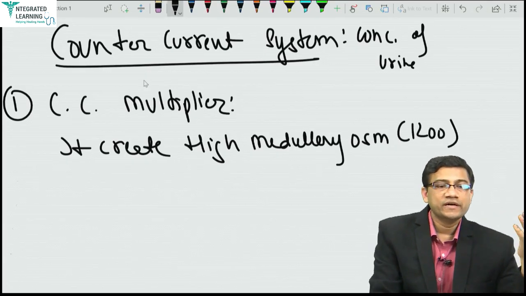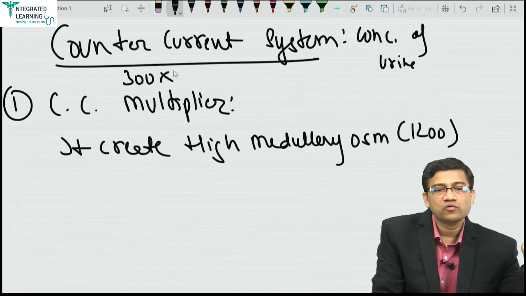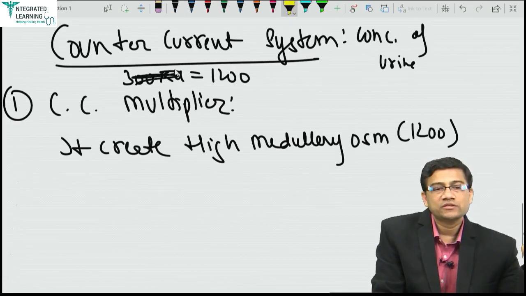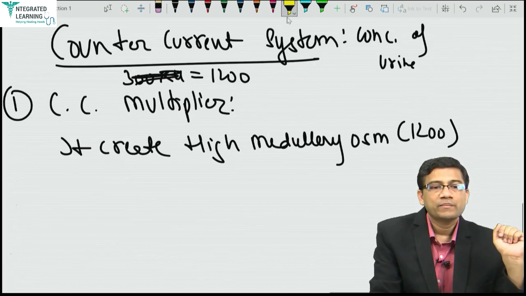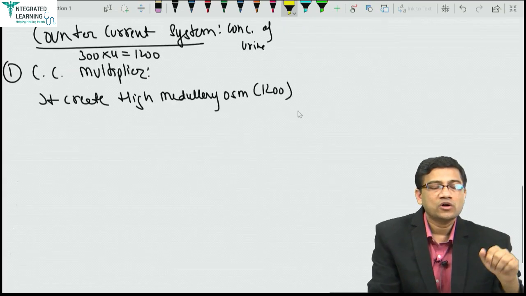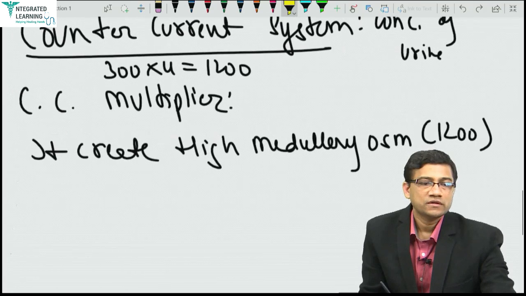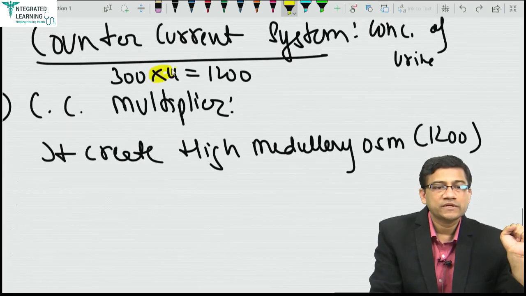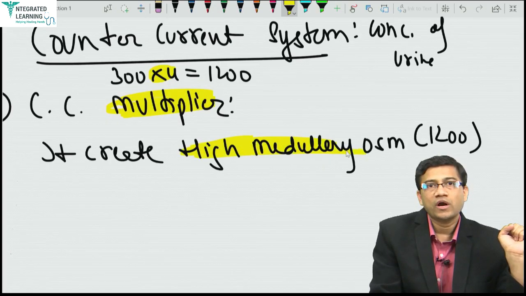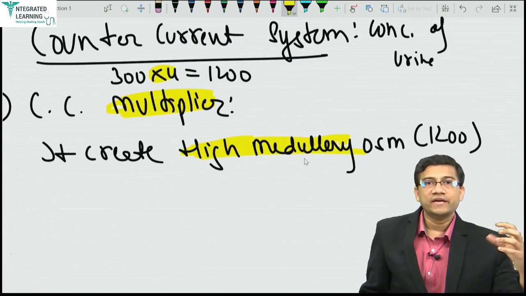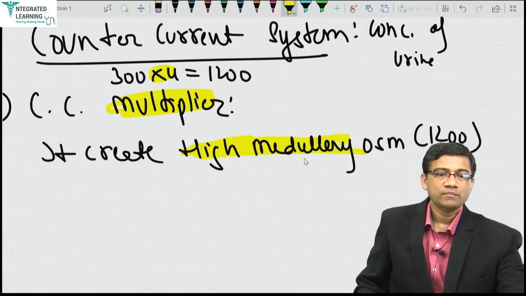So from 300 it makes it 1200. So can I say times 4? Yes. So that's why the name is justified. Why is it called the multiplier? Because it is making the osmolality 4 times extra. So it's multiplying it. It increases 4 times, so it is called the multiplier.